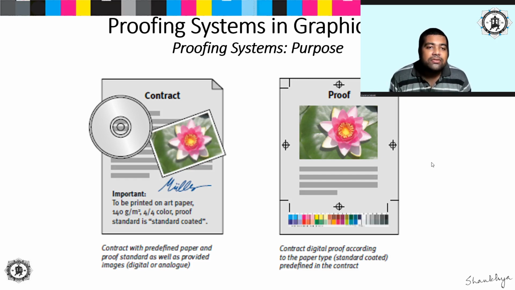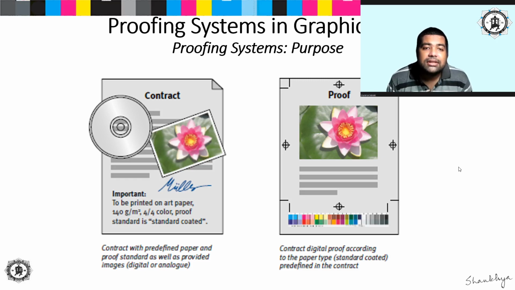So this is not a very efficient and not the right way to do things. That is why whenever the client is giving the original copy, it is the printer's responsibility to get proofs. Okay, what is the reason behind it? What do you need to do whenever you receive the original copy from your client?